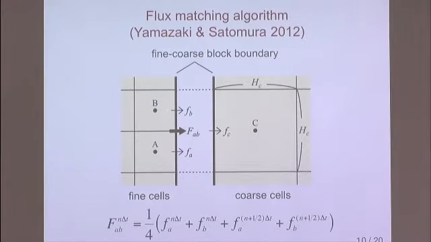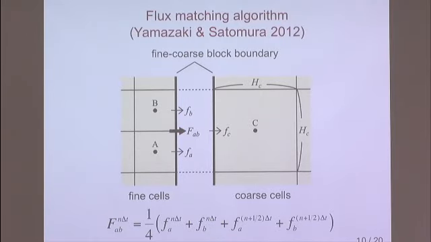So now, in applying block structured mesh refinement to atmospheric models, flux matching between different sizes of blocks is imperative to ensure the mass conservation in the entire domain. In this study, we proposed a simple flux matching algorithm, which is suitable for block structured Cartesian mesh refinement. Here we use a sub-cycling time step. I mean, the coarse cells use a twice larger time step than fine cells.